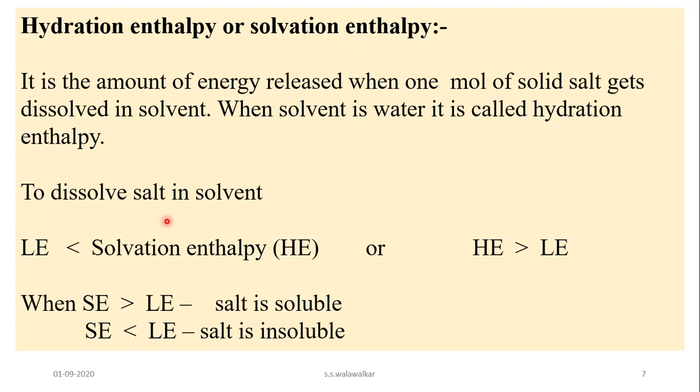To dissolve any salt in a solvent, there are some conditions. If the lattice enthalpy, that is the amount of energy required to break the bonding between cation and anion, is less than the solvation enthalpy, that is the amount of energy released when the salt gets dissolved in a solvent, then only can the salt dissolve in a solvent.